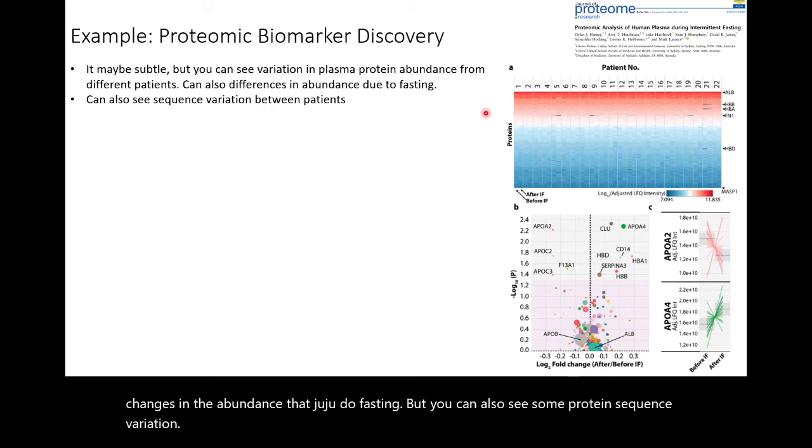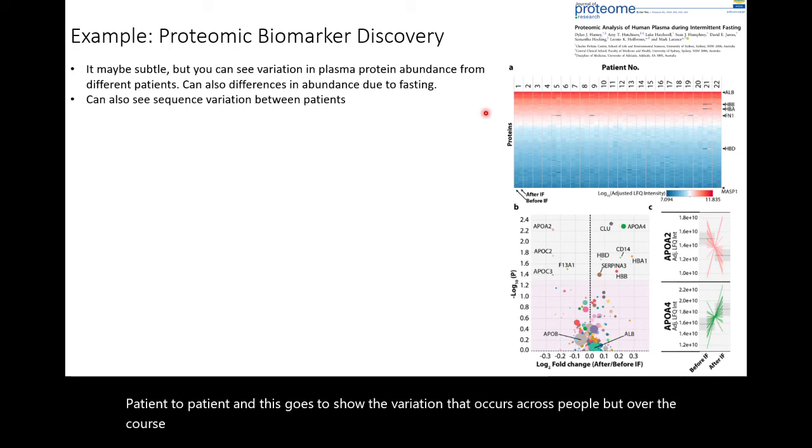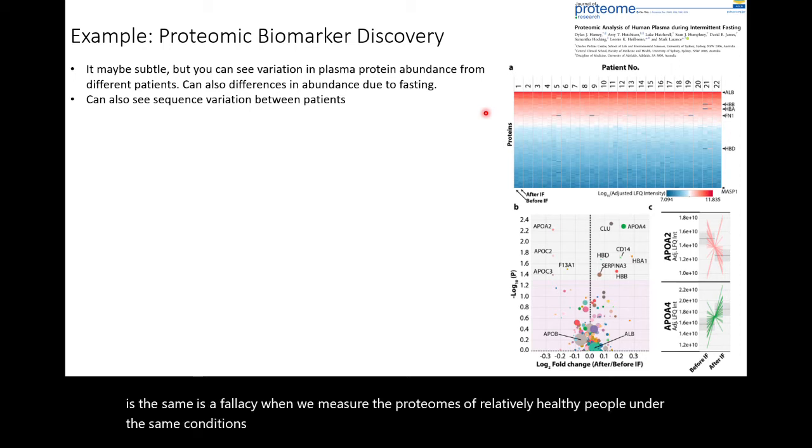And this goes to show the variation that happens within a population. The idea that everyone is the same is a fallacy. When we measure the proteomes of relatively healthy people under the same conditions, the abundance of particular proteoforms can be quite different.